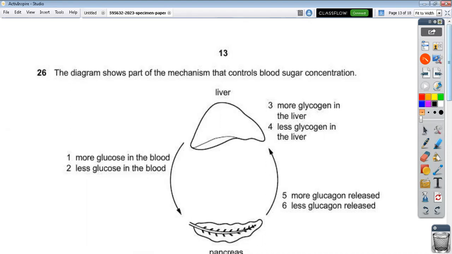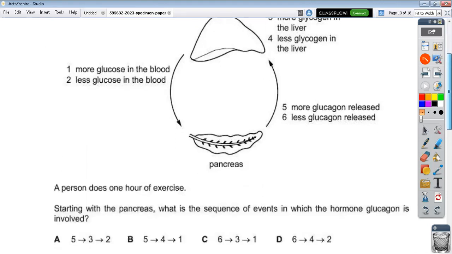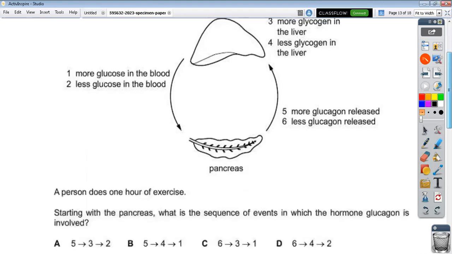Let's see what the question is about. A person does 1 hour of exercise. Starting with the pancreas, what is the correct sequence in which the hormone glucagon is involved?